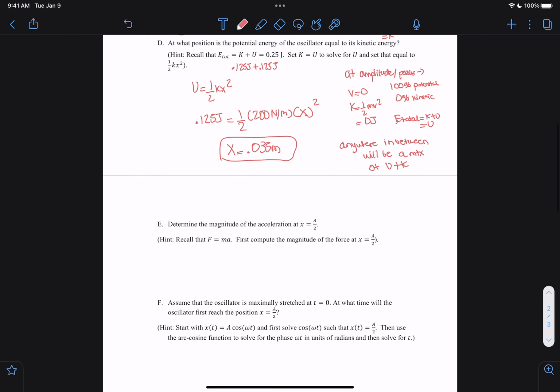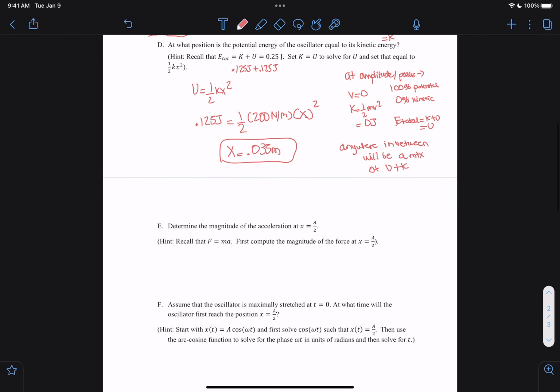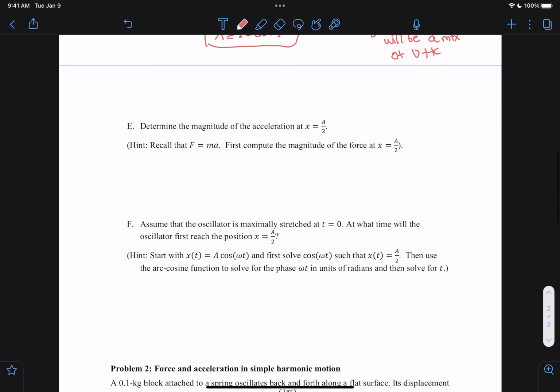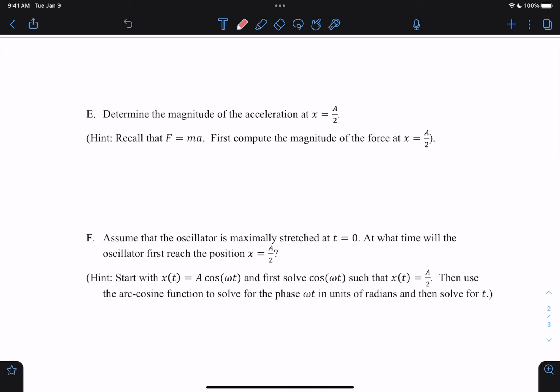All right, so that's part D. Now we have part E, determine the magnitude of the acceleration at x equals A over 2.